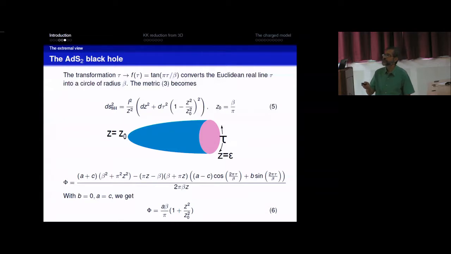One was using the coordinates in which this was appearing as sinh square rho, so in that, this phi would appear as cosh square rho. We'll keep that in mind when we think of coming down from 3D. So basically, this information about the metric and the dilaton together would imply that it comes from a 3D BTZ black hole. But we will come to that, of course, in detail.